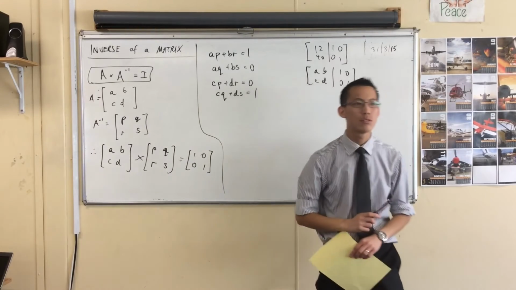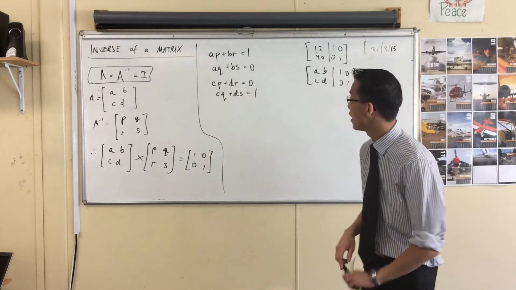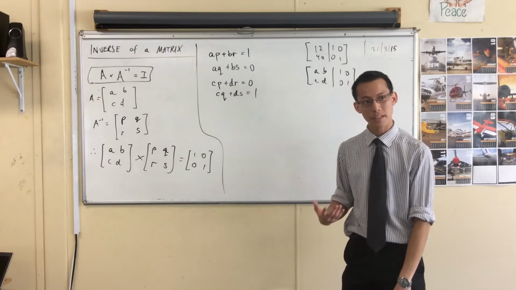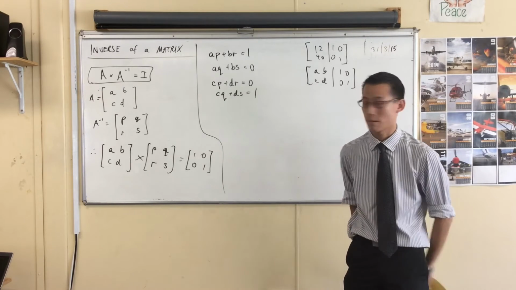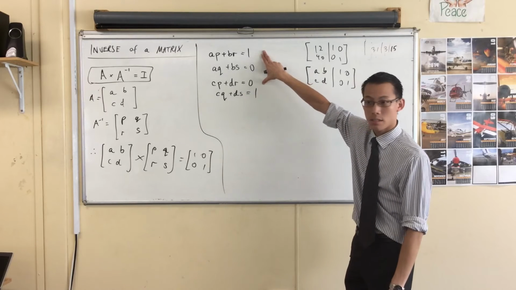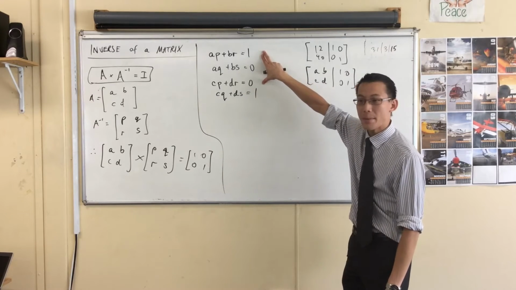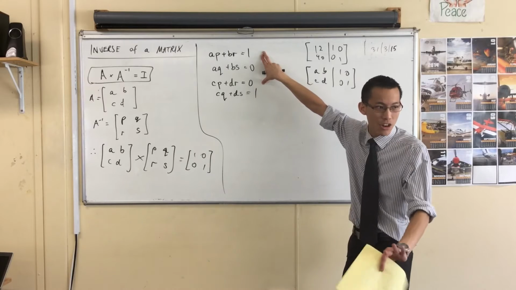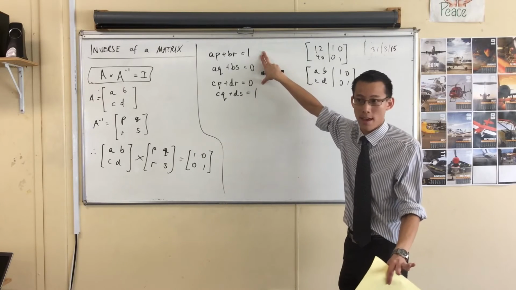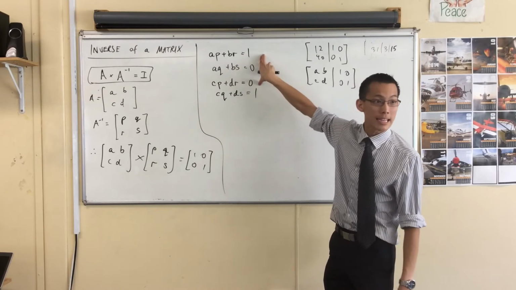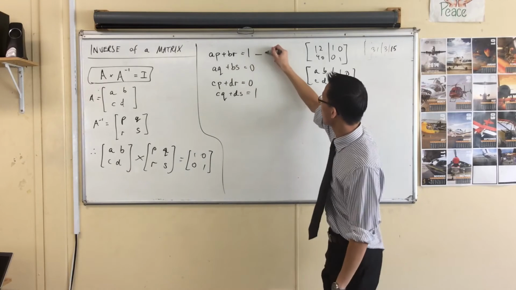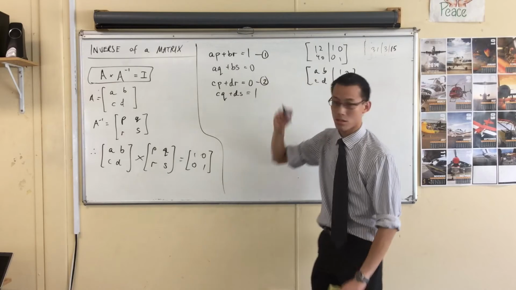But you can be a little more clever about it. Think about it. I've got 4 variables to find, but do you see they're kind of in pairs because of the way that I did the dot products? Look at these 2 here. Remember, A, B, C, and D, I know what those numbers are. I'm not trying to find what they are. But these 2 equations here give me P and R. So I'm going to call this one equation 1 and this one equation 2.